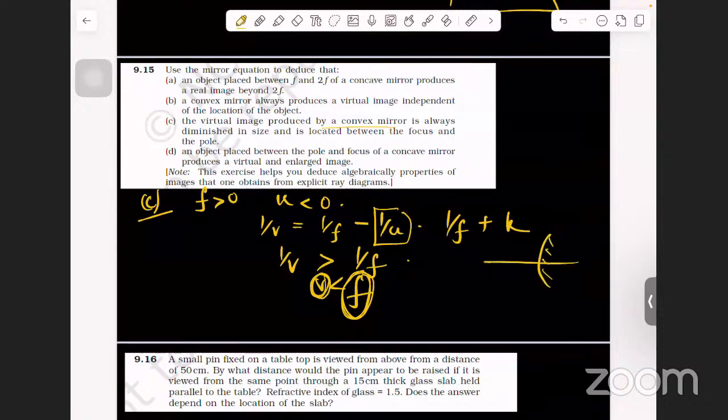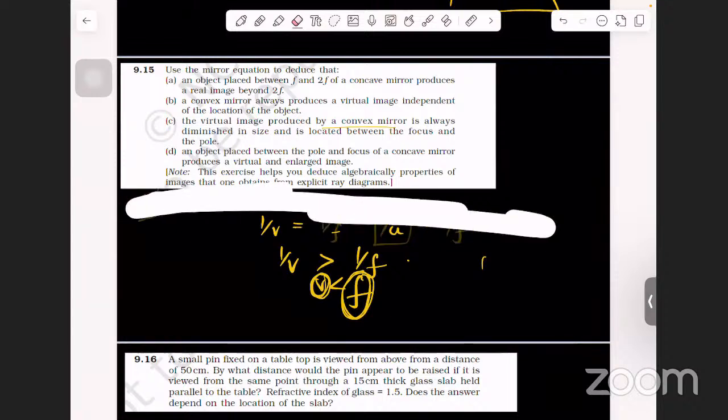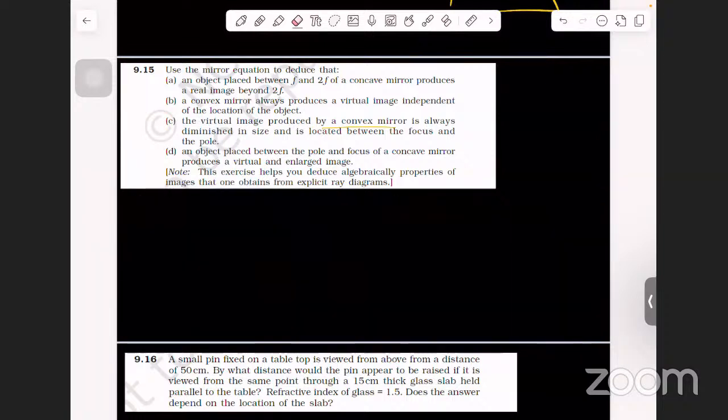If this is the pole, this is the F, this is 2F, less than F means it's always formed between this part, right? It will always be formed at this part. Okay. Now, this is proved, right?